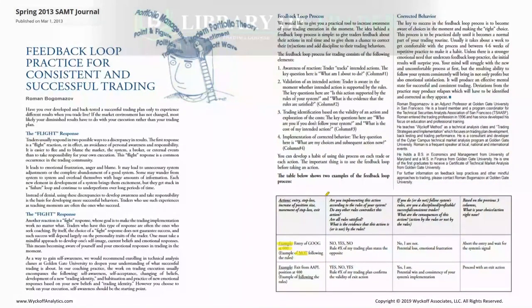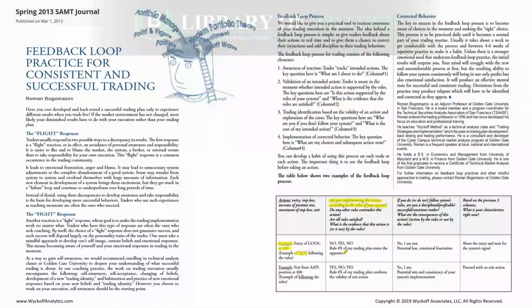In the feedback loop process, we're going to question our decisions. We're going to question our behaviors, and we're going to ask: are we implementing this action according to the rules of our system? Do any other rules contradict our action? Are all of the rules satisfied by this action? And then what is the evidence that this action is done by the rules?